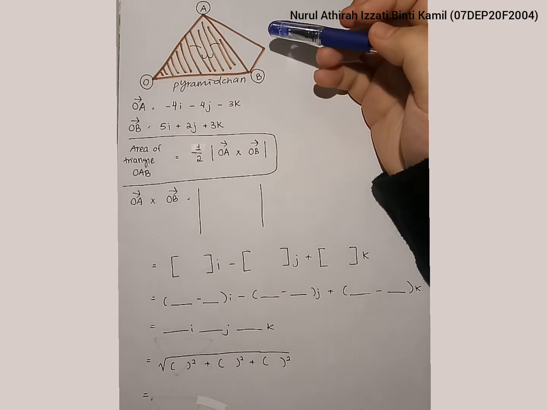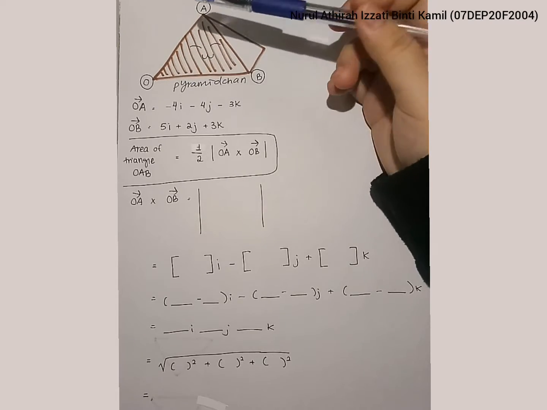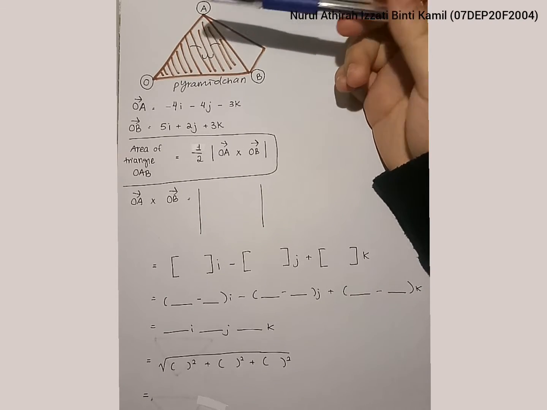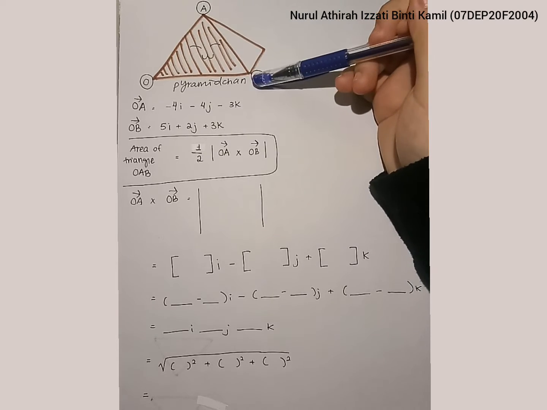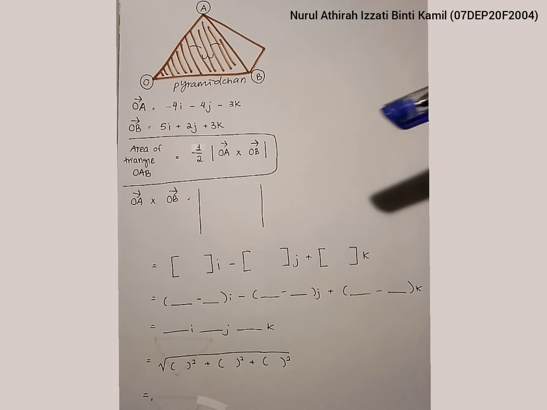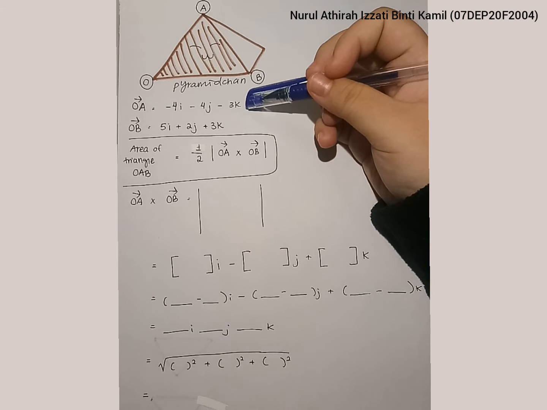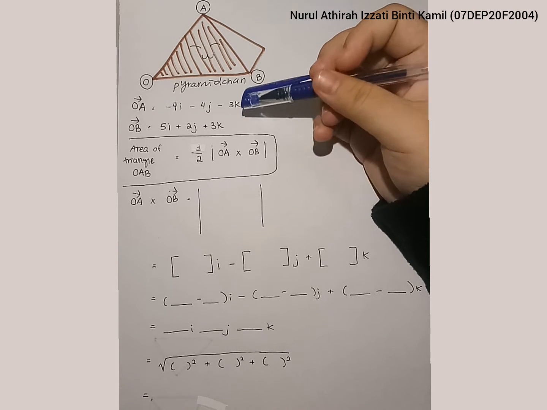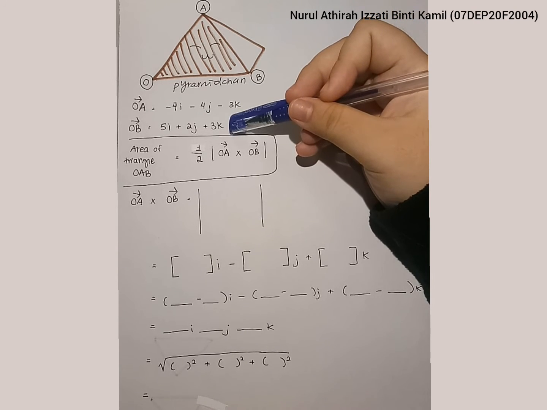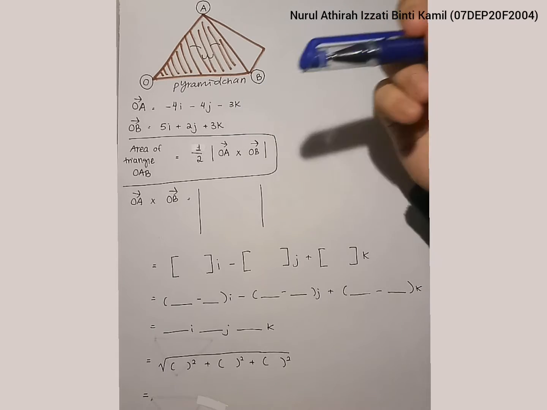I only want to know this part, so I label it as OAB. So here, for example, vector OA equal to negative 4i minus 4j minus 3k. And here is vector OB equal to 5i plus 2j plus 3k.